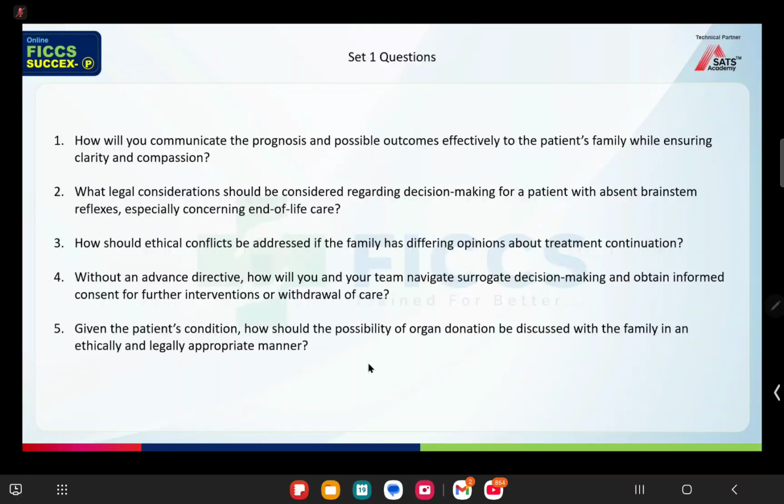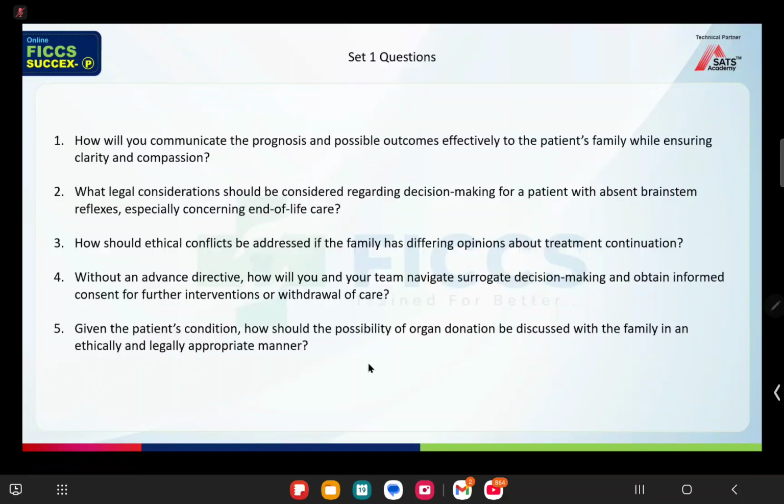Questions on communication. Now we come to the question. I'll ask you the first question: how will you communicate the prognosis and possible outcomes effectively to the patient's family while ensuring clarity and compassion? So this is the patient who is there, and now you are supposed to talk to the family. How will you communicate?